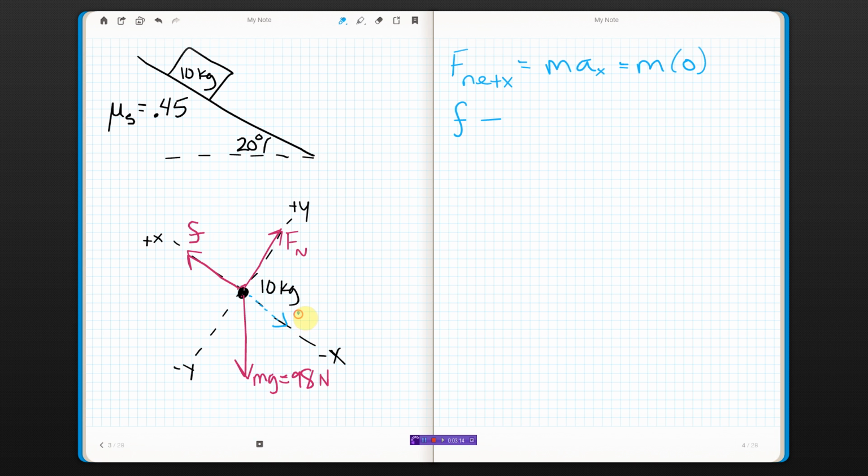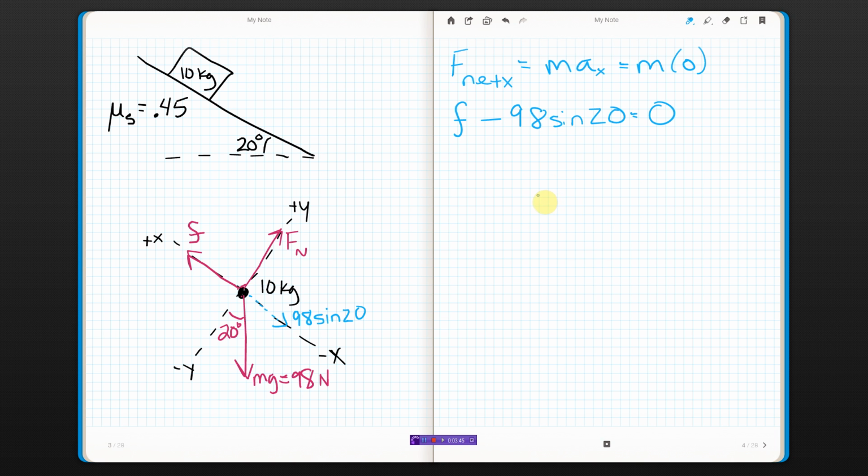Okay, and that's going to be 98. Here's my theta. That's my 20 degrees. I should put 20 in there, in the right color. If I'm going to use different colors, I should color code. Okay. This is opposite the 20 degrees, so it'd be sine 20. Okay, so F net minus 98 sine 20 equals 0.